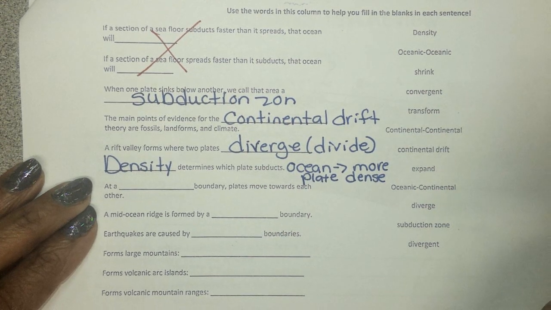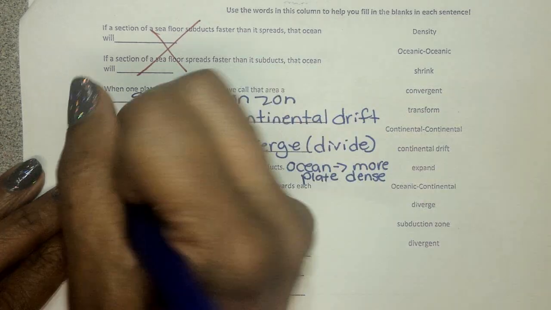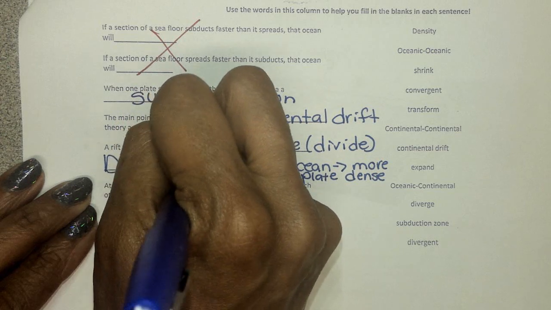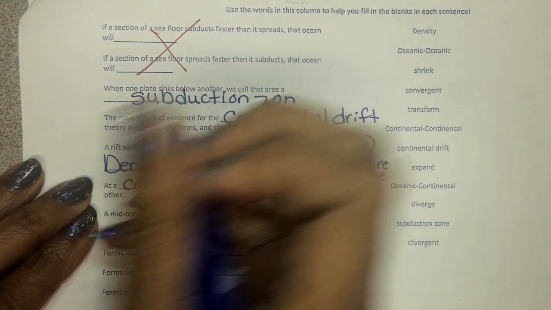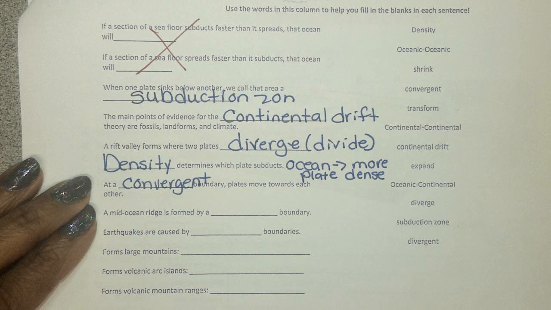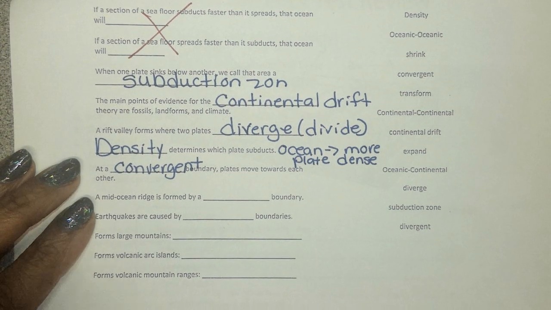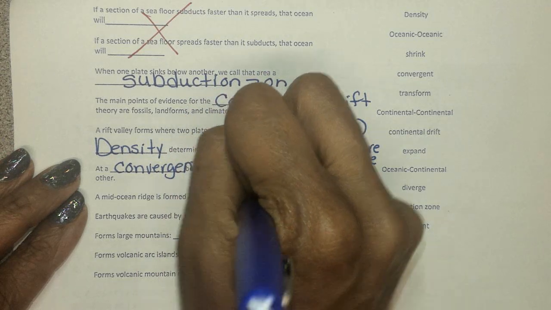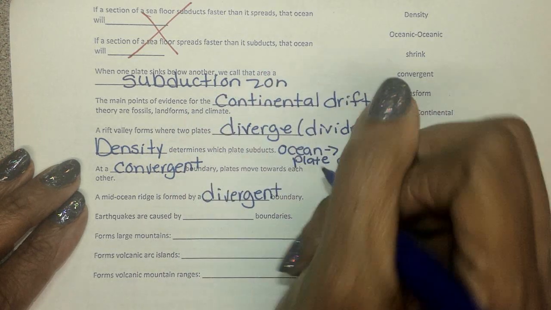Okay. At a blank boundary, plates move towards each other, convergent. A mid-ocean ridge forms at a divergent boundary.